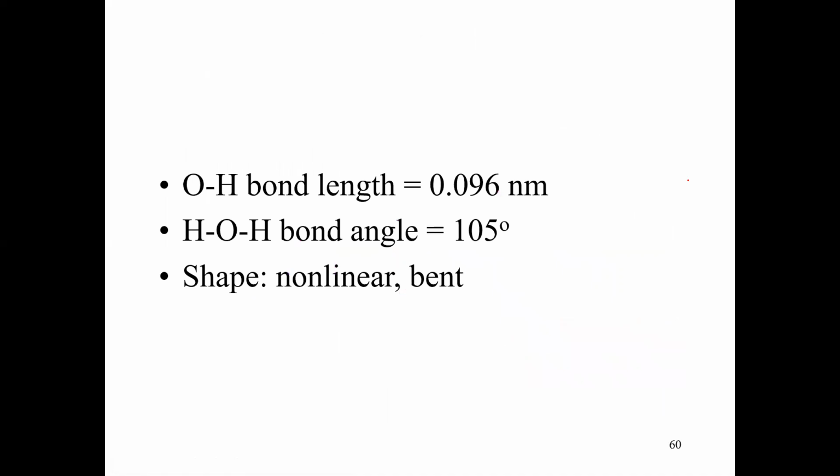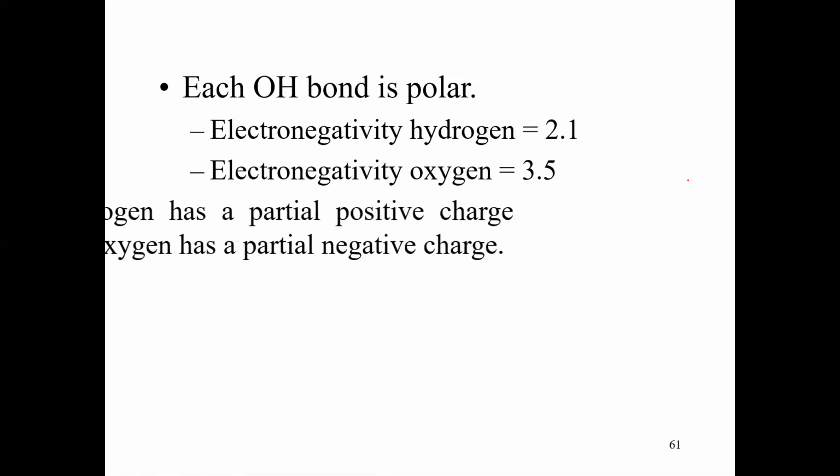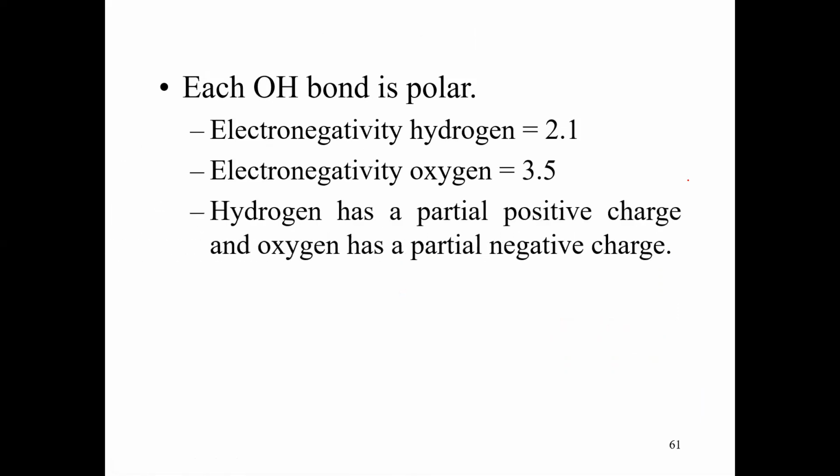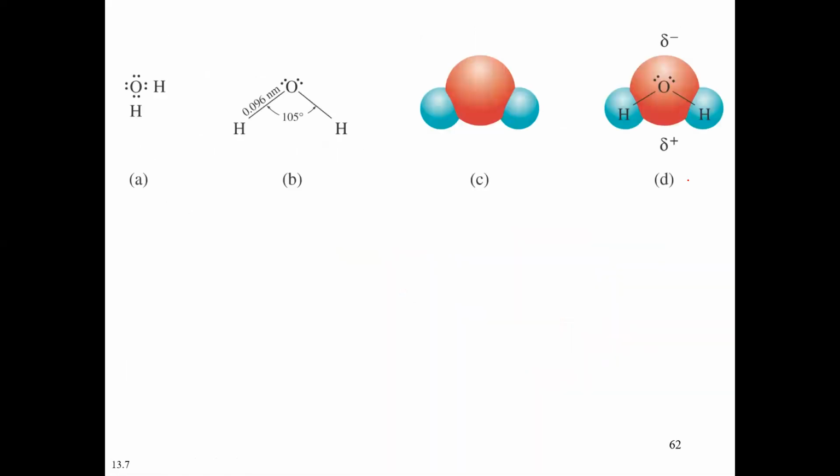The structure of the water molecule looks like this. The electronegativity of hydrogen is 2.1 and oxygen 3.5, so hydrogen has a partial positive and oxygen a partial negative charge. The nonlinear structure looks like this.